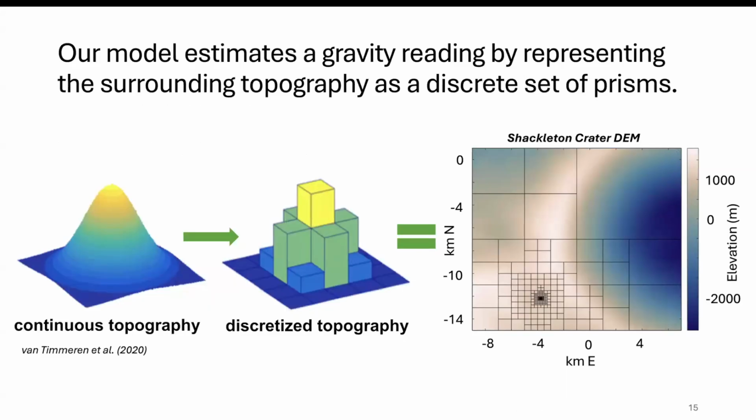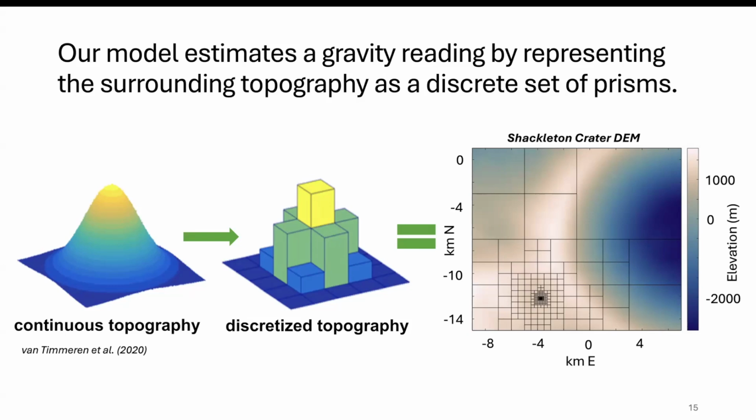So believe it or not, this took the longest out of this whole project. Just splitting up a DEM into squares. It's really complex to be making these topographic corrections to gravity measurements at the surface because topography is complex. So our model wants to know, if I put a gravimeter here, what is the gravity going to look like based on the stuff around me?